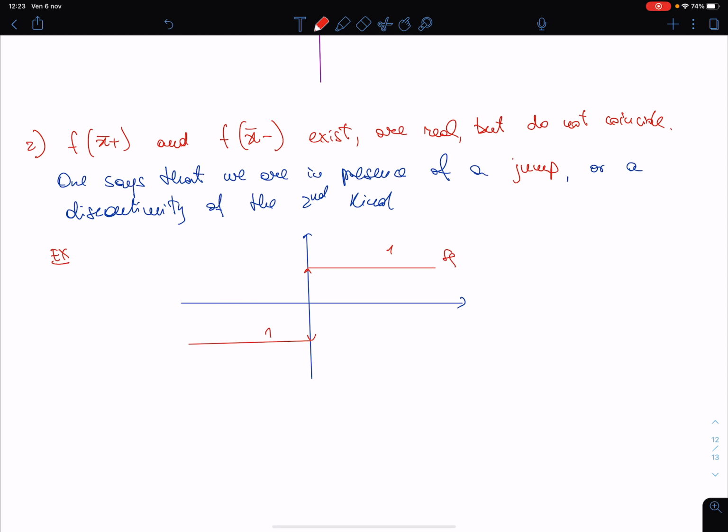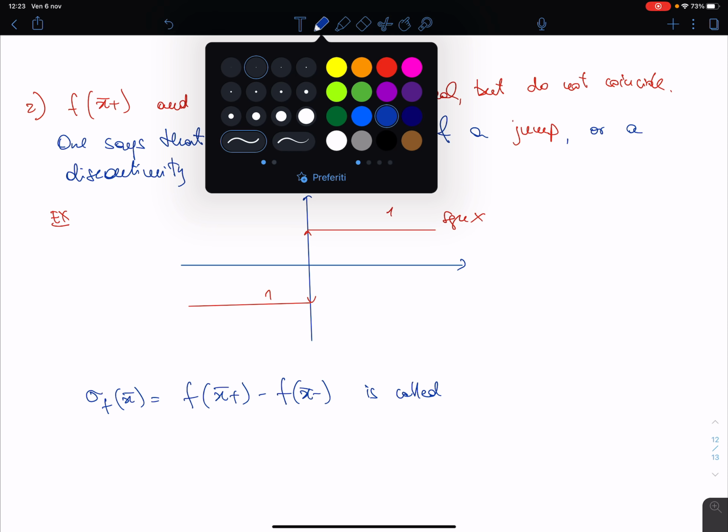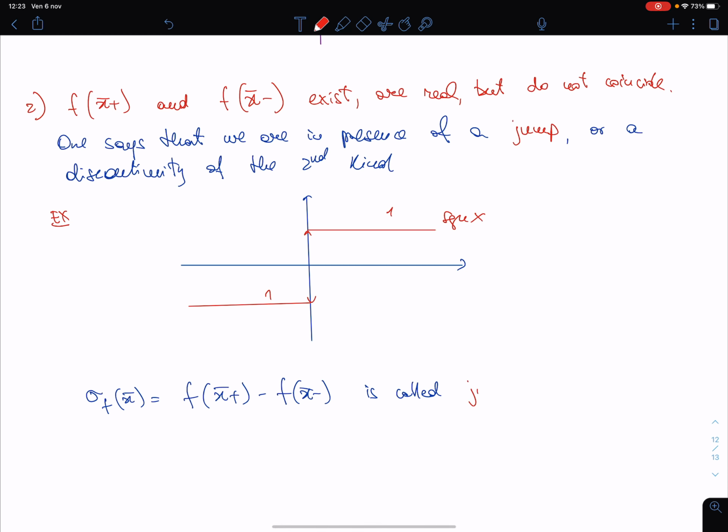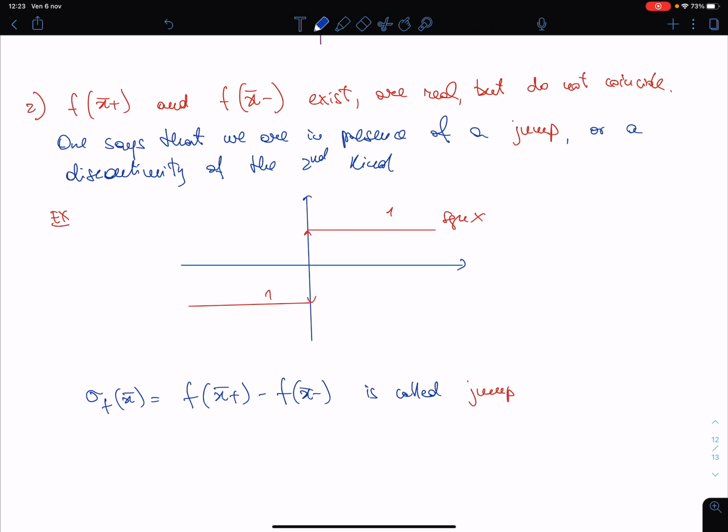This is the sign of x, and the quantity sigma f of x bar, which is the difference between the right limit and the left limit, is called the jump of f at x bar.